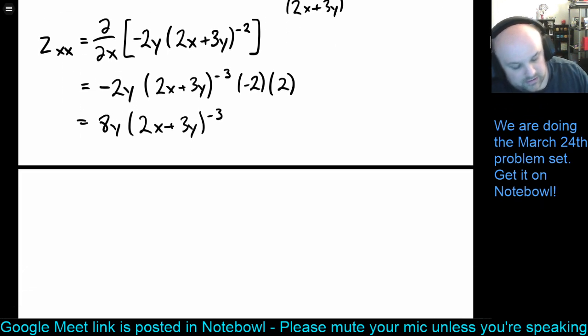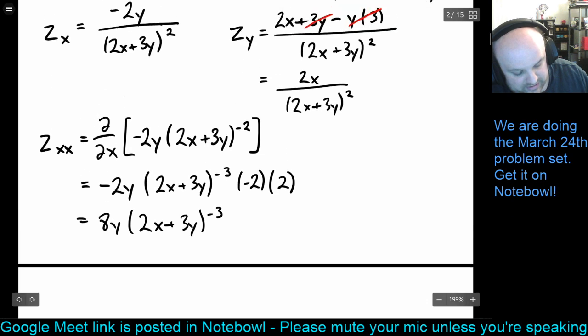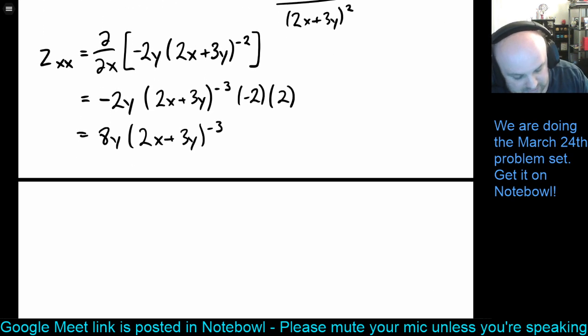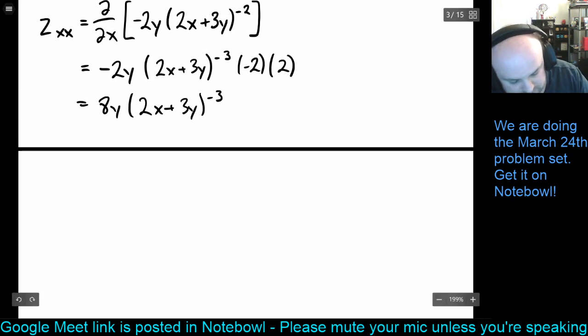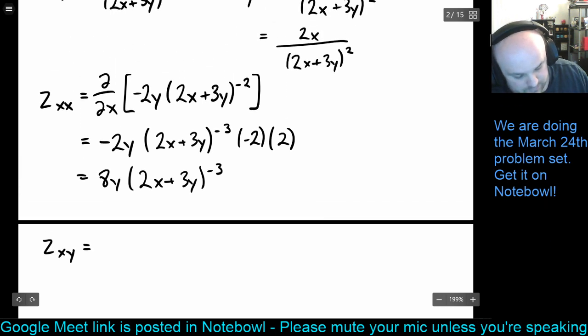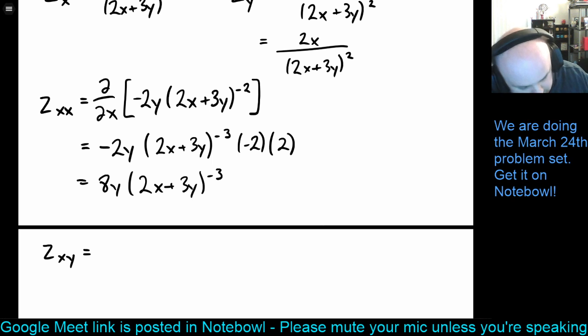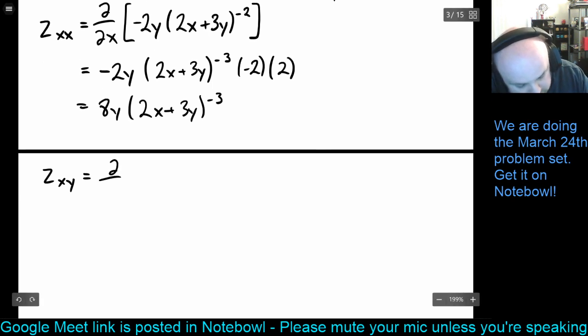So now let's find the derivative of this with respect to y. So zxy. We're doing d dy of minus 2y over 2x plus 3y squared.